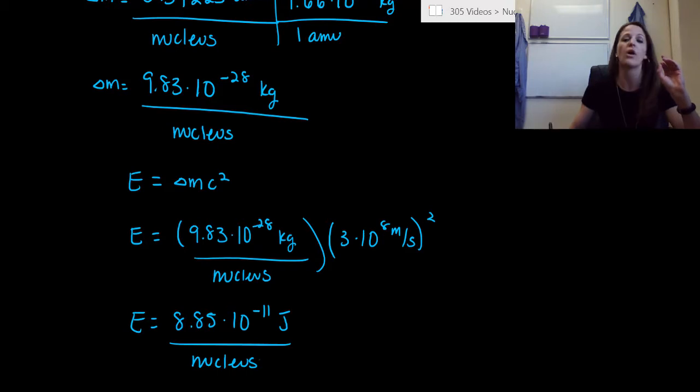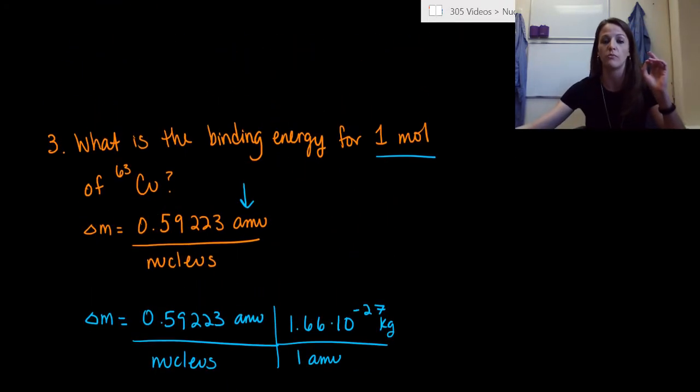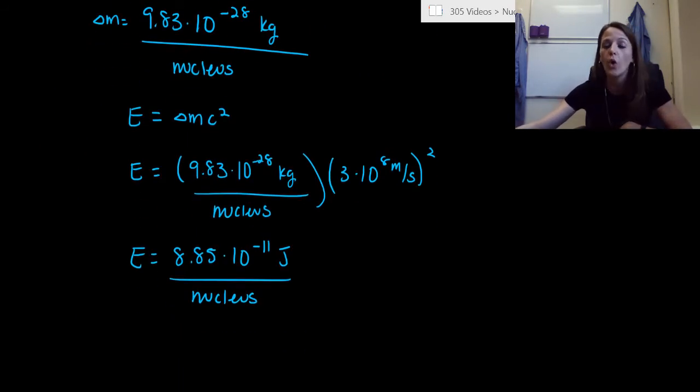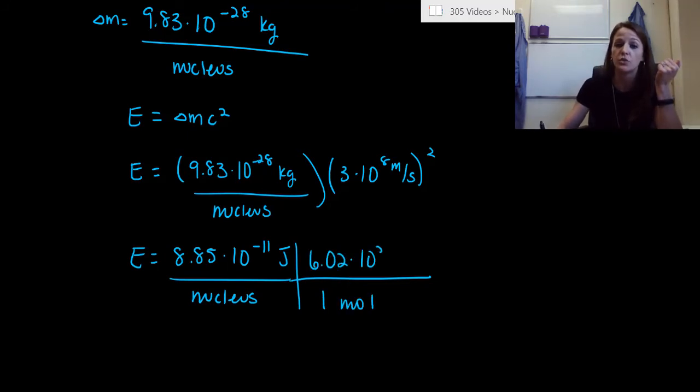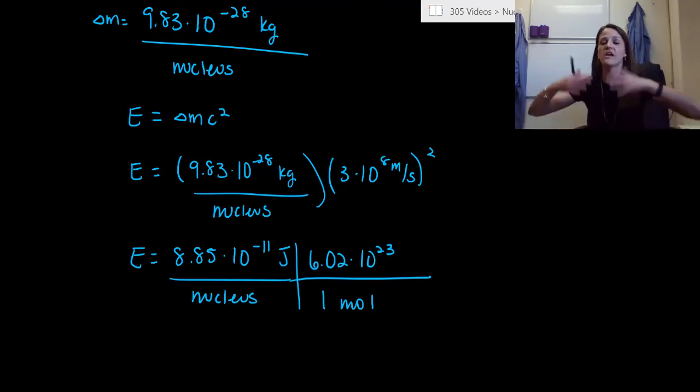So now this is the part where we go back and factor in that 1 mole component. So what is the binding energy for 1 mole of copper? We just solved for it for 1 nucleus. So all you have to do is take it one step further, and hopefully the number that's screaming in your head right now is Avogadro's number, not avocado, Avogadro's number. And so we remember that for every 1 mole, we always have 6.02 times 10 to the 23rd of stuff, of unit, whatever the unit is.